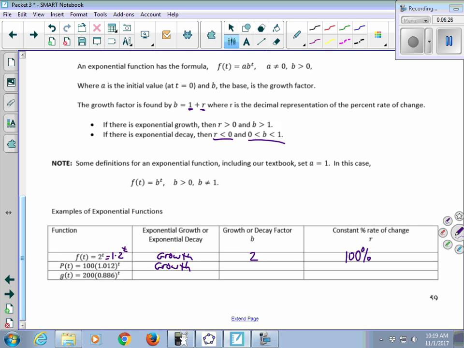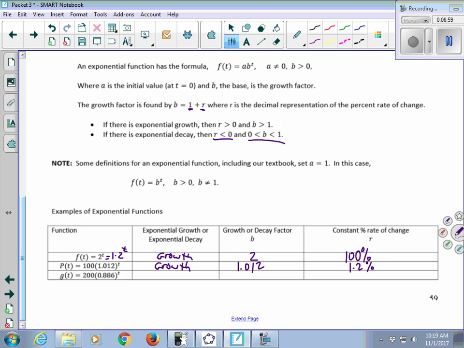And my growth factor is 1.012. That's my b value. Which means that my percent rate of change is, ignoring the 1, right, the 1 means I get to keep 100% of what I had before, and then I get an additional 1.2%. Think of that 0.012 decimal and change it to a percentage by moving the decimal point 2 to the right. 1.2% growth.